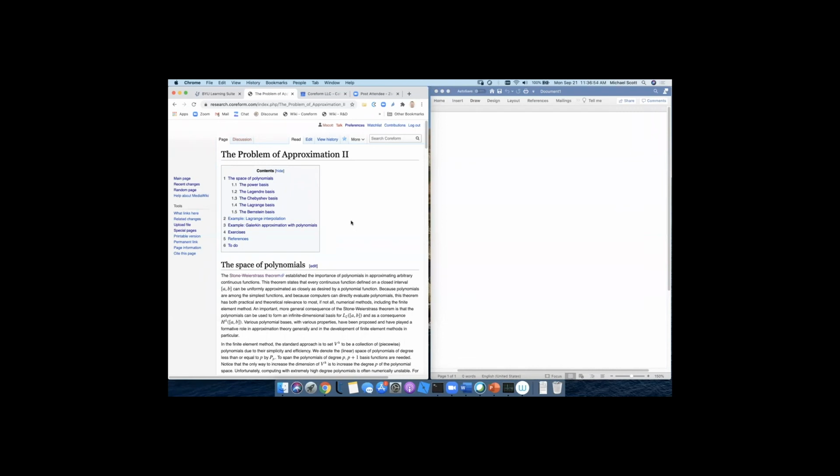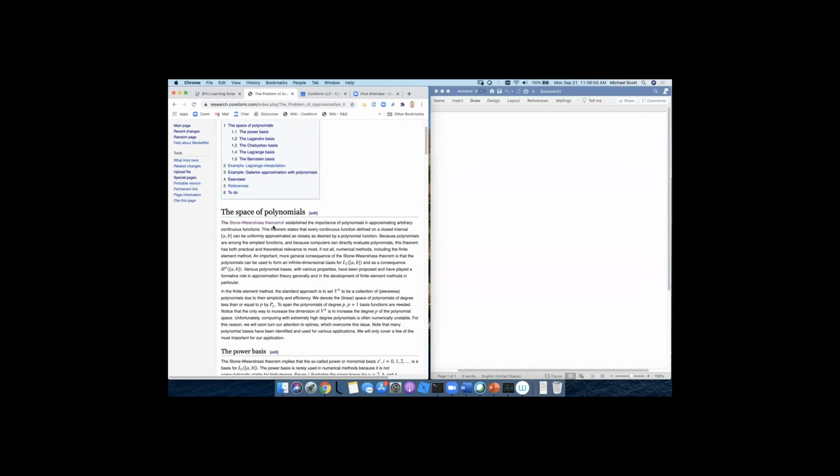There's a sequence of very famous theorems from the early 20th century. The most famous is called the Stone-Weierstrass theorem, which established that any continuous function on a closed interval can be approximated arbitrarily well with polynomials.